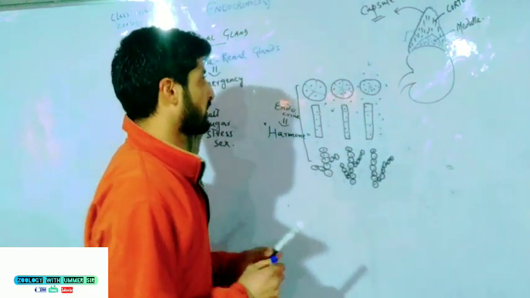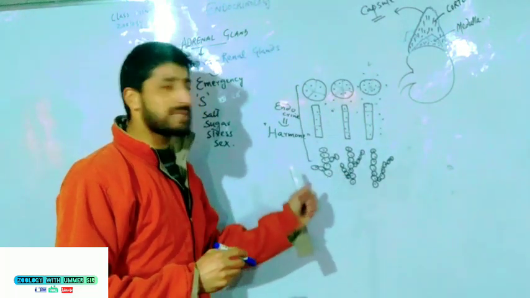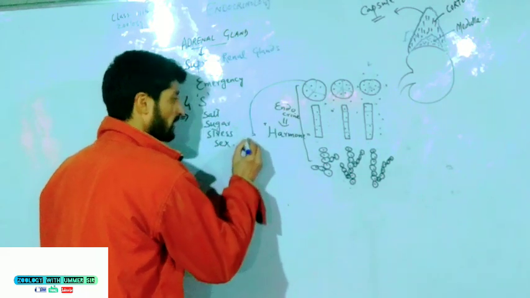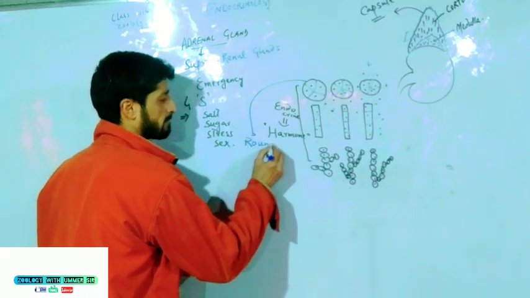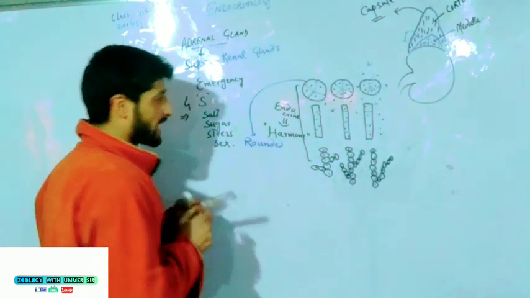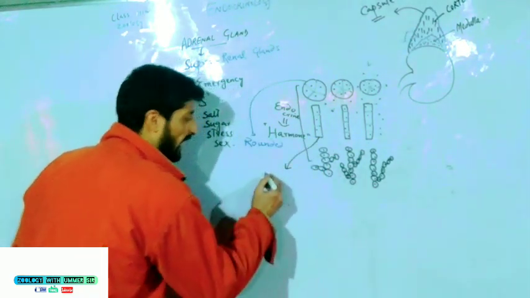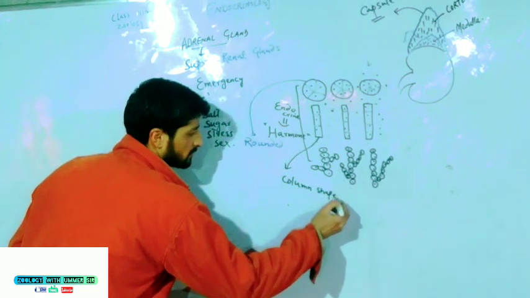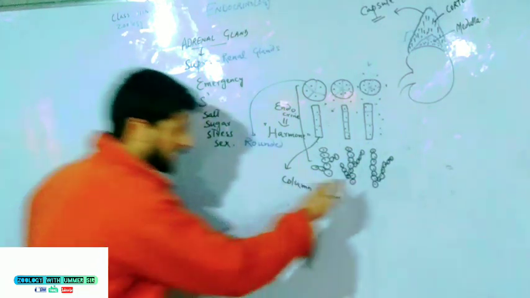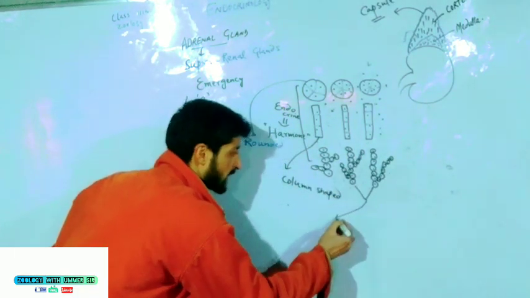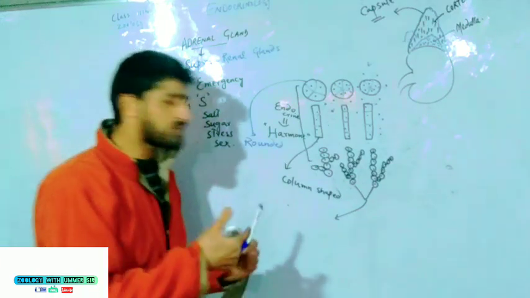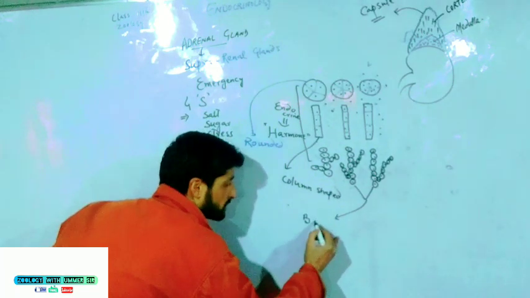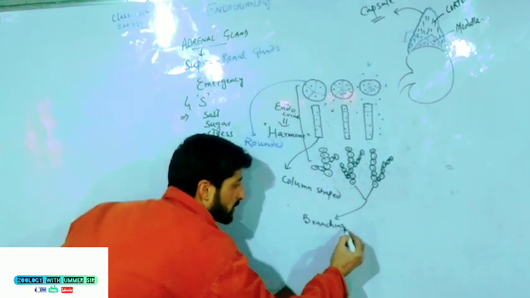The first type of cell is rounded. The second type is arranged in column shape. And the third type is arranged in branching cords.